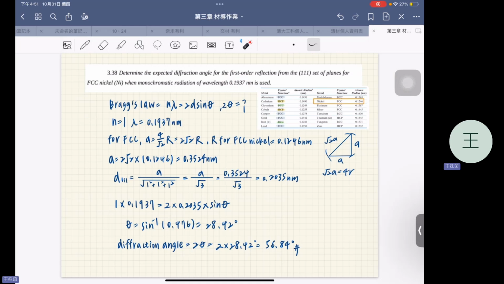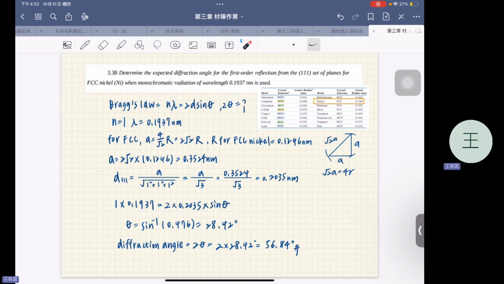We know the crystal structure is FCC nickel. For FCC, A equals this, which we can change to the term 2 square root of 2 times R, and R for FCC nickel is 0.1246, so we can put it inside to determine A.